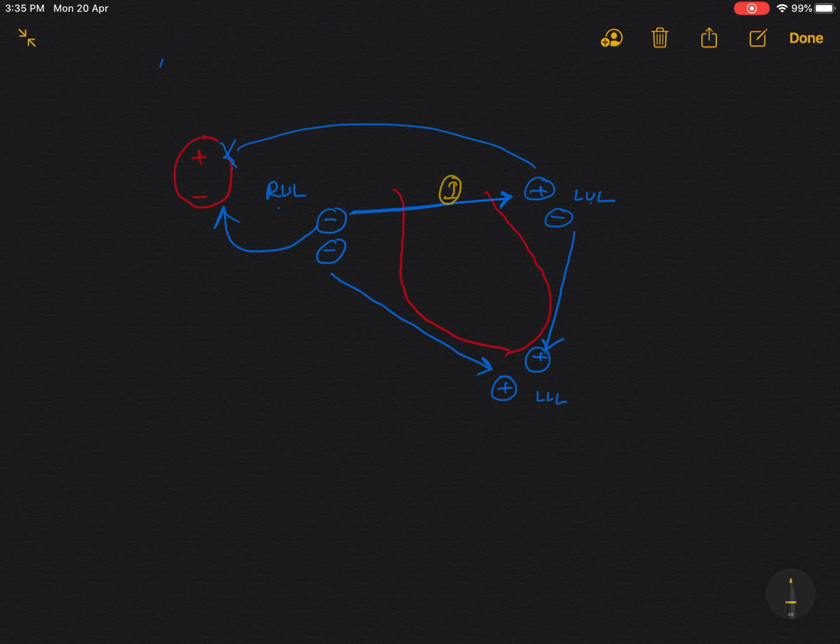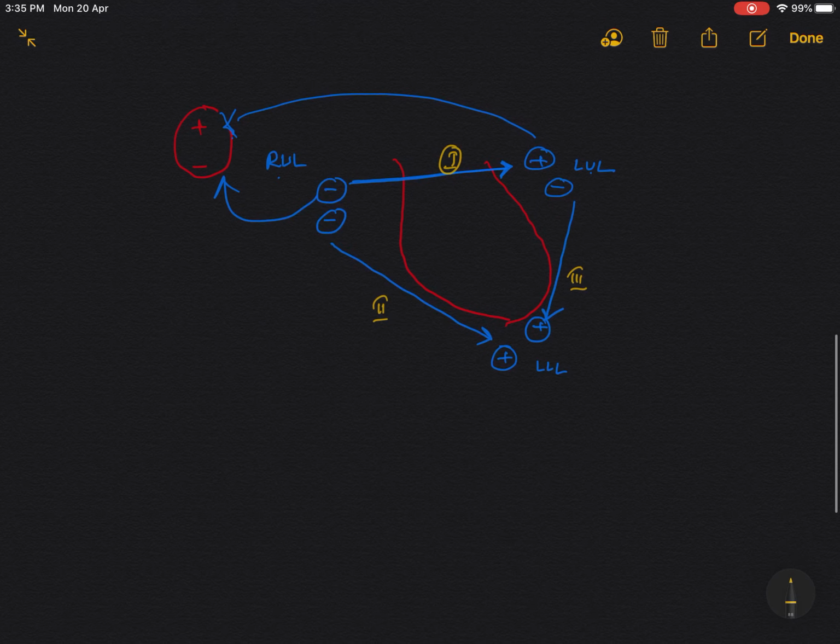This lead is called lead 1, this lead is called lead 2, this lead is called lead 3.